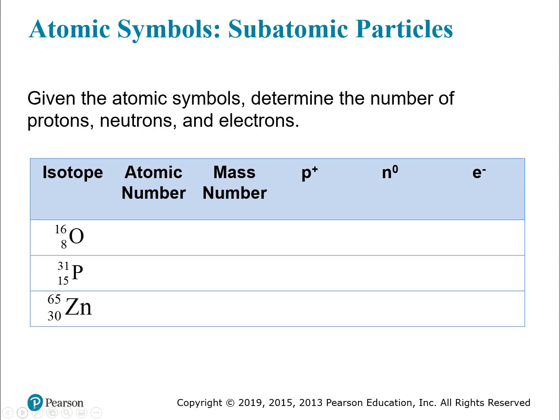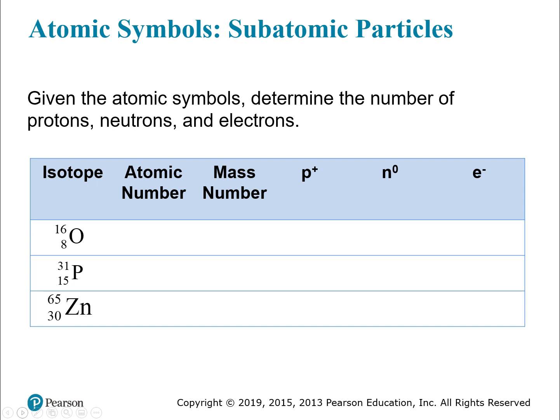Here's some practice for you. I'm not going to fill in the whole chart, but you can fill these in on your own and make sure you understand it. And if you have questions, you can always send me a message. I'll fill in the first one, and then you can fill in the other two.